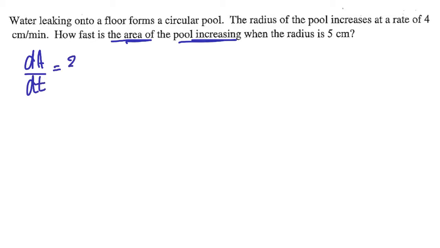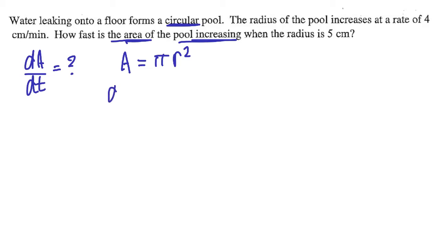That's the first thing we're looking for. Well, notice if we're talking about area, we have a circular pool. So I would think that we might need the area of a circle. And the area of a circle is pi r squared. And automatically, I would go ahead and find the derivative of that formula. And most of the time, that will be your next step. After you identify which formula you need, you should be able to find the derivative of it.